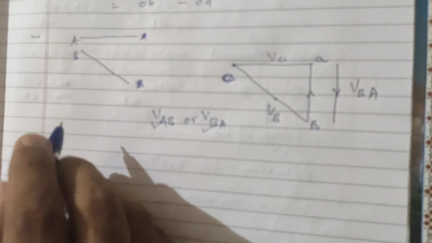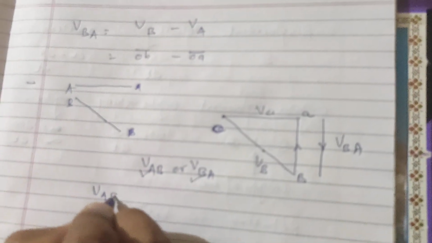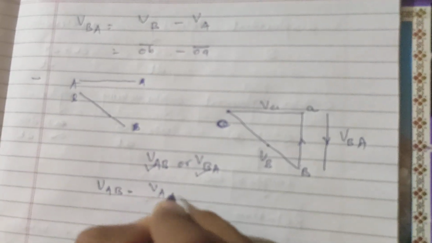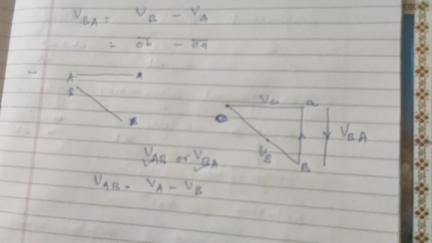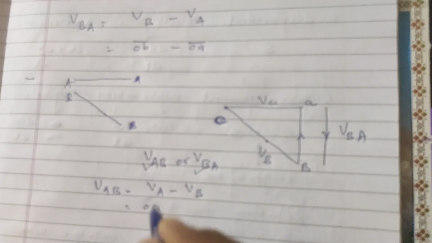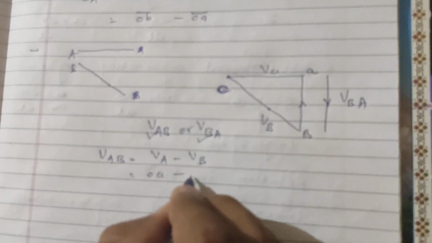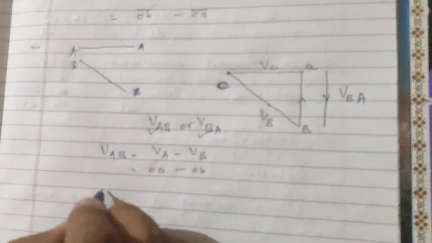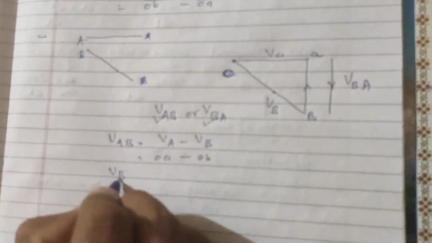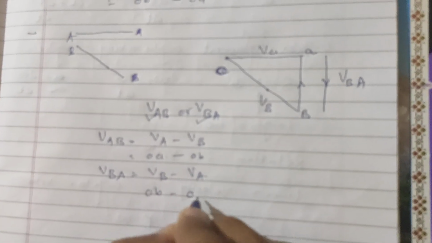Once again, the velocity of AB is equal to the velocity of A minus the velocity of B, that is OA minus OB. And VBA means VB minus VA, that is OB minus OA.